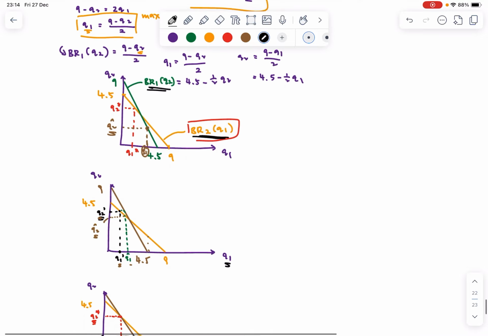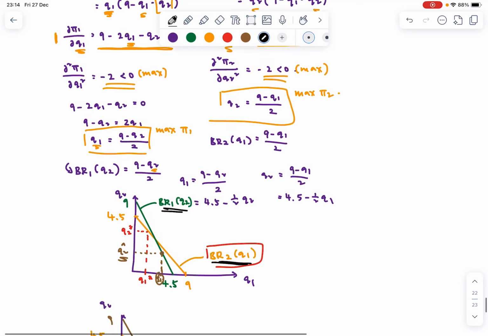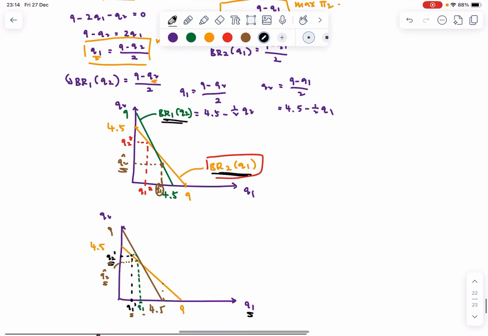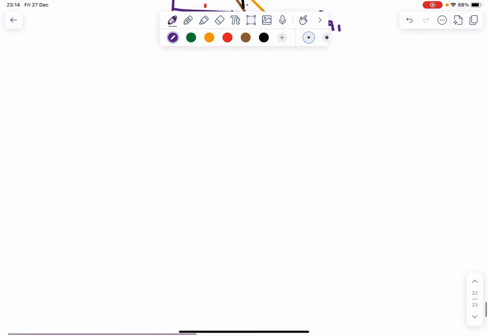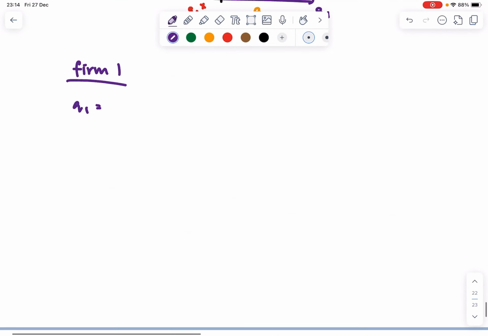So if we look back at it, let me copy it down here. For firm 1, I wrote Q1 equals 9 minus Q2 over 2.